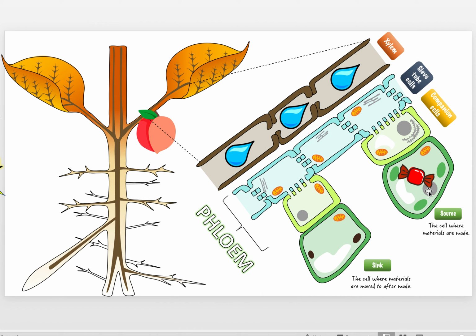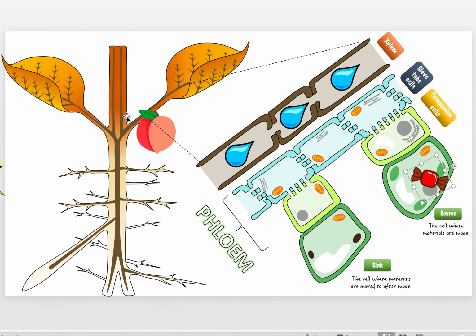So basically, we have a source. A source is a cell in the leaf that is going to make energy, make sucrose or organic molecules. So we're going to represent that with this candy bar, and it will get transported into this companion cell, because at the end of the day, this source cell is trying to make this organic matter and send it to the sink, okay?